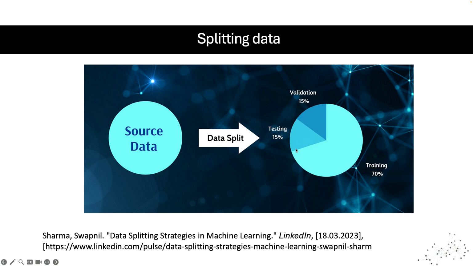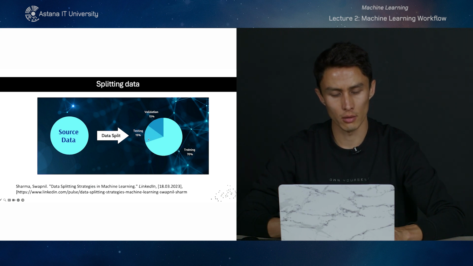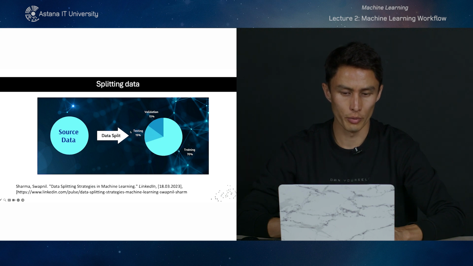This one is used to evaluate the performance of our model in the final stage. Sometimes during training the performance is very good regarding the validation dataset, but performance can be worse during testing.